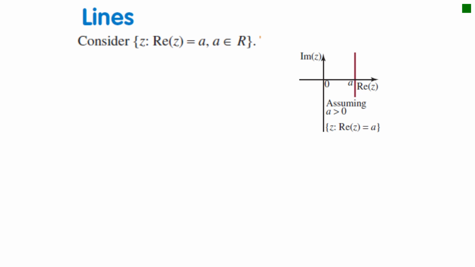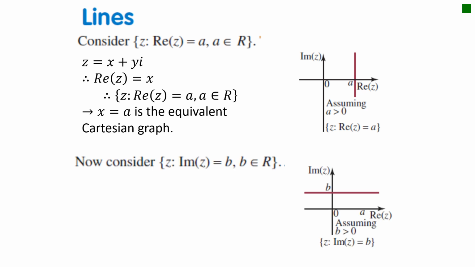Now, applying that technique of replacing Z with x plus iy, we know what the real Z function does. It maps all complex numbers to its real component. So the set of all complex numbers whose real Z is equal to a collapses down to simply the Cartesian rule x equals a. And we know how to sketch x equals a. It's that vertical line going through (a, 0) parallel with the y axis.